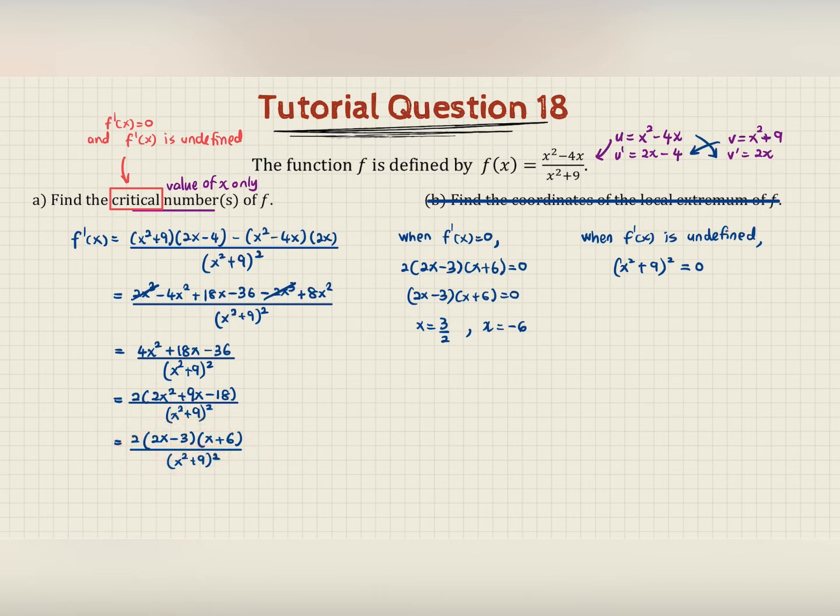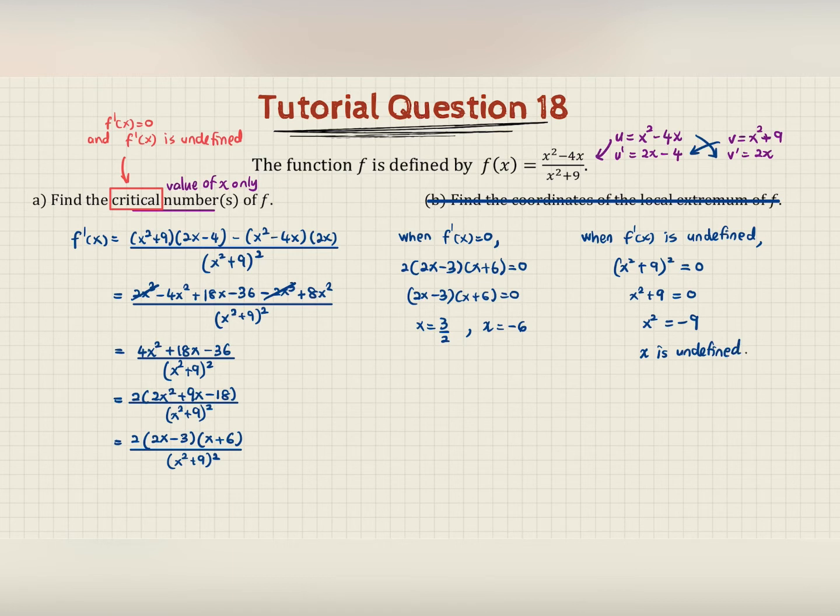So sebab itulah kita katakan dia sama dengan kosong. Pindahkan square root both sides, so kita akan dapat x squared plus 9 equals to 0 and then we have x squared equals to negative 9. Okay, and then square root cannot be negative inside it, so kita akan terus conclude x is undefined here. So tak ada value of x untuk undefined punya case lah.